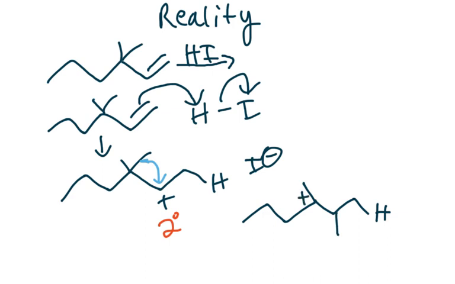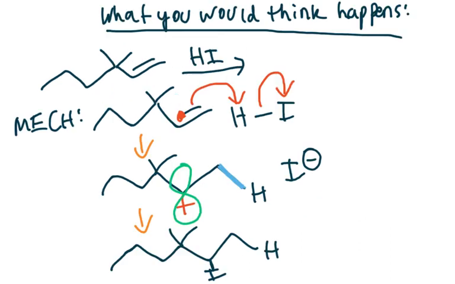Now the cation would be on this carbon, which is going to be a tertiary carbon. So what we have to decide now is which is better, a tertiary carbocation or a secondary carbocation. Of course, the answer is a tertiary carbocation, that's more stable. So we have to choose this intermediate, not the one right here.